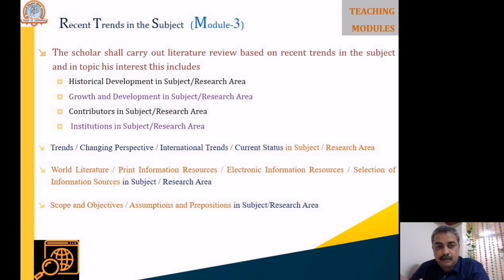The recent trends in subject include literature review on historical development in the subject research area, growth and development in the subject, then contribution in subject by various contributors, then institutions involved in the subject and research area. So this is the part which will be covered in the literature review under recent trends in the subject, that is module 3.